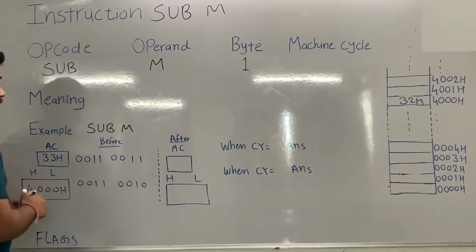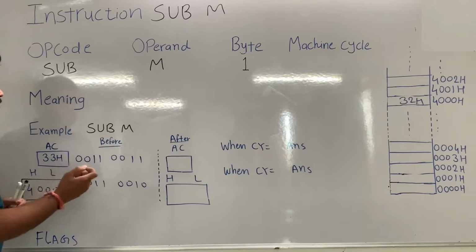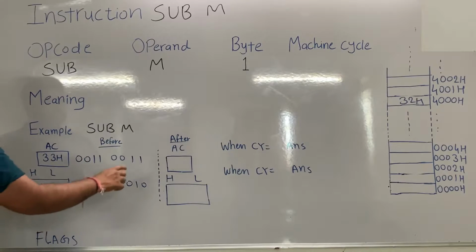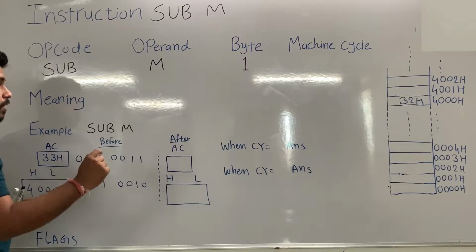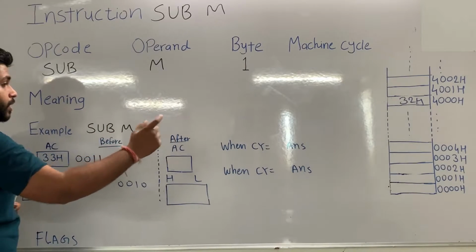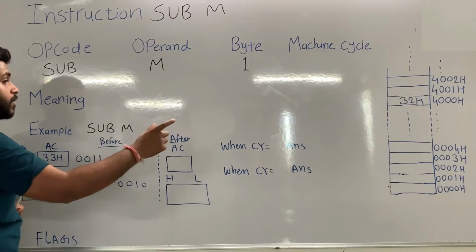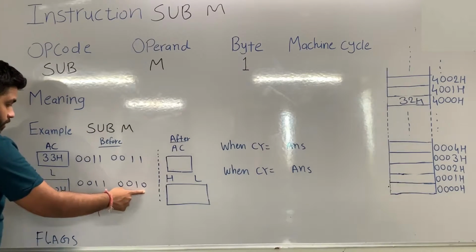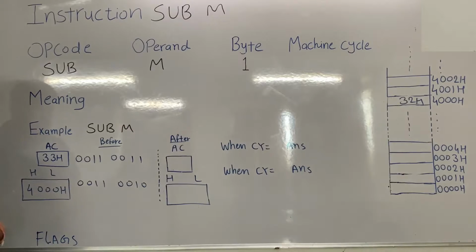Now to perform the subtraction, the processor will use 2's complement. So to subtract the content of memory location from the accumulator, the microprocessor will first convert the content of the memory location into 2's complement form. This is the binary representation of 32H.